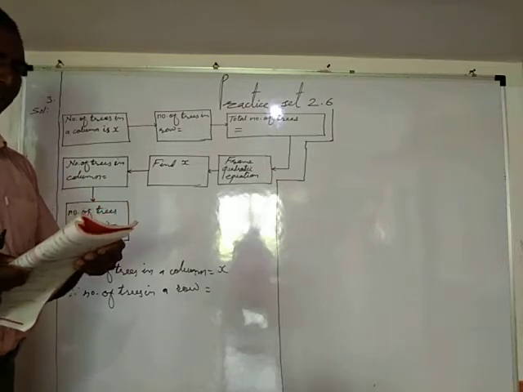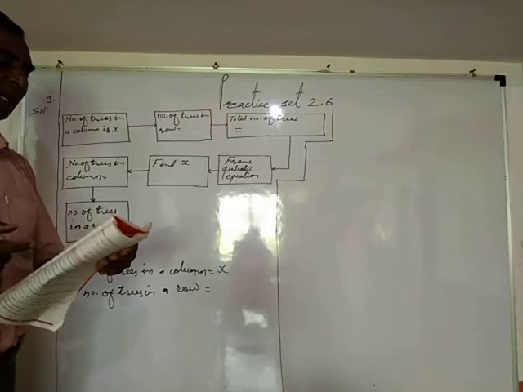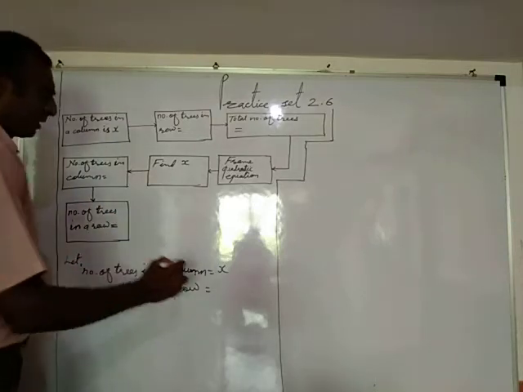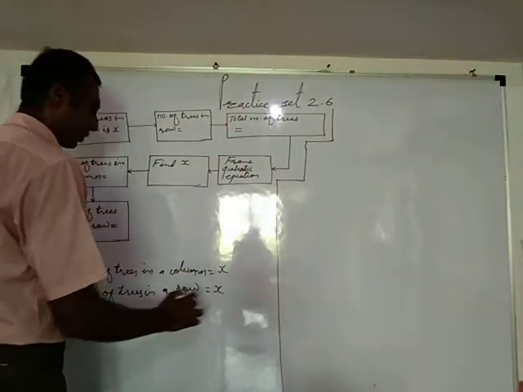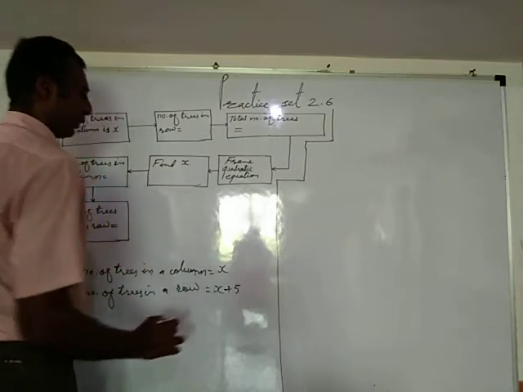The number of trees in each row is 5 more than that in each column. In each column there are x trees, and therefore in each row there will be x plus 5 trees.